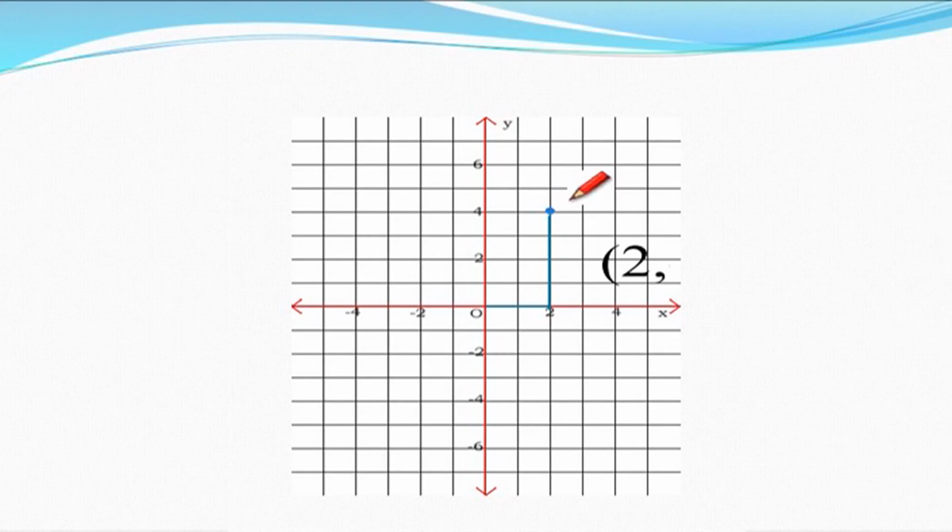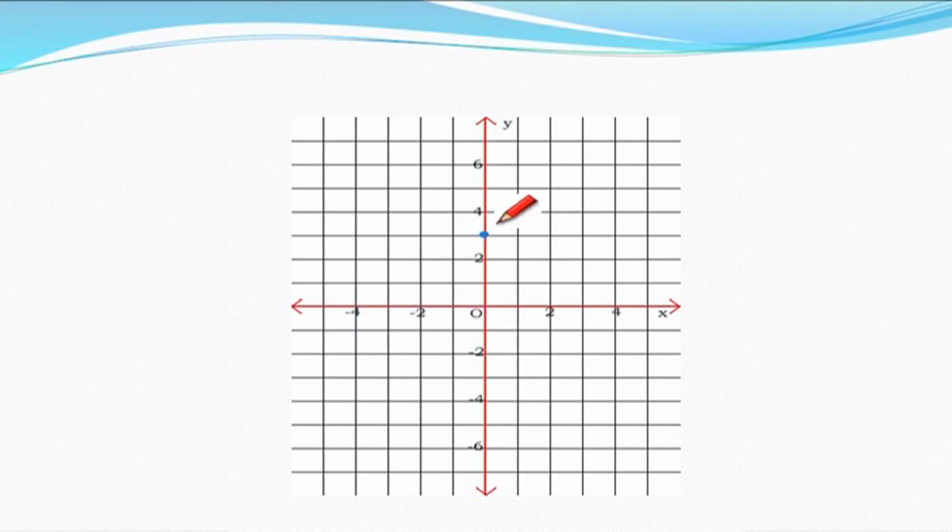So the coordinates of the point are (2, 4). For another point, when we drop a perpendicular to the x-axis, it intersects at -4, and when we drop a perpendicular to the y-axis, it intersects at -2. So the coordinates of the point are (-4, -2).